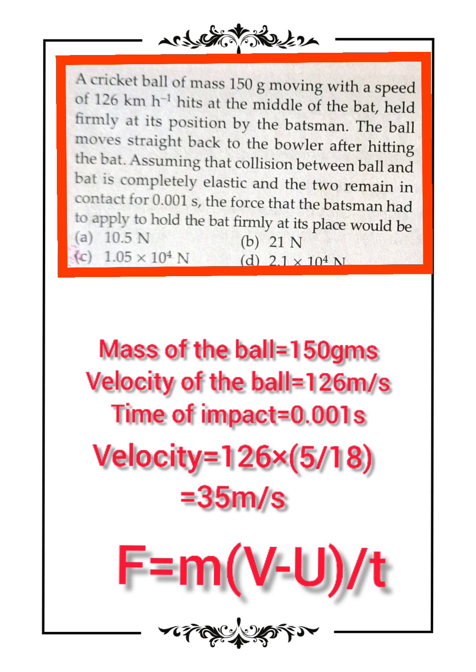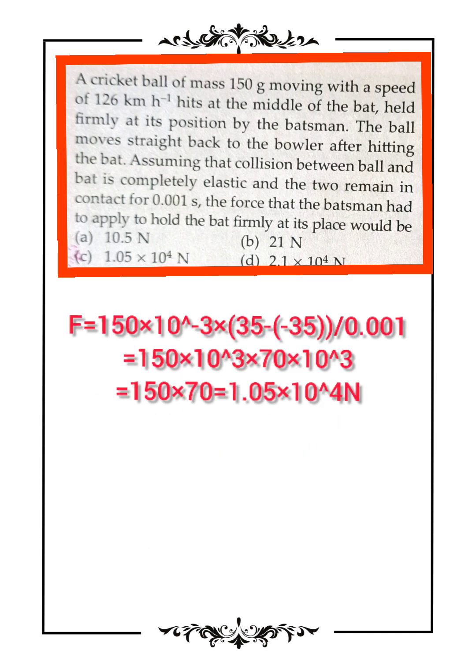F is equal to 150 into 10 power minus 3 kg into 35, because the ball comes to the same point where it has started, that is, minus 35 minus of 35, by 0.001 seconds.